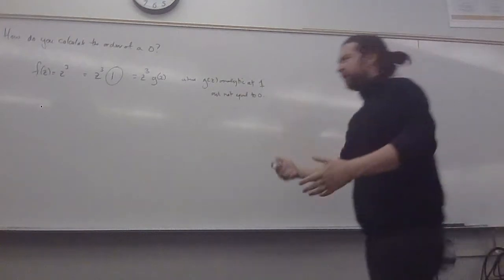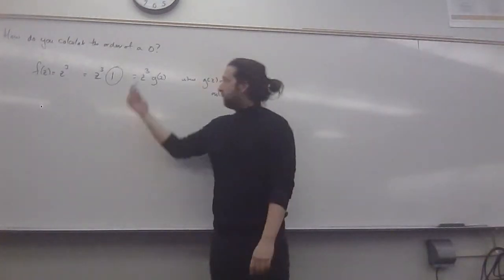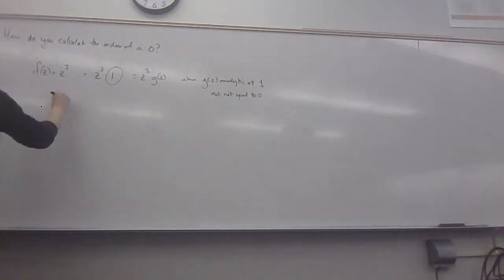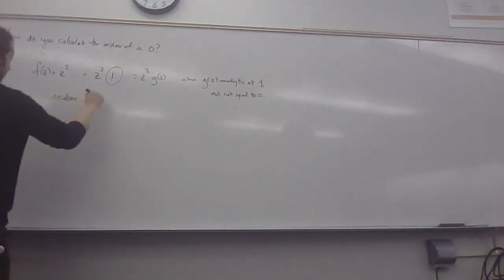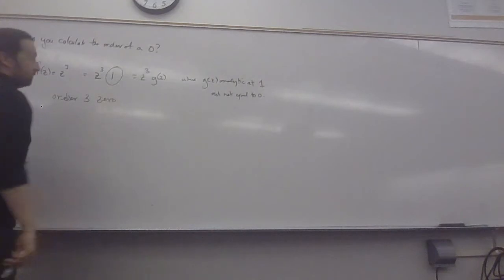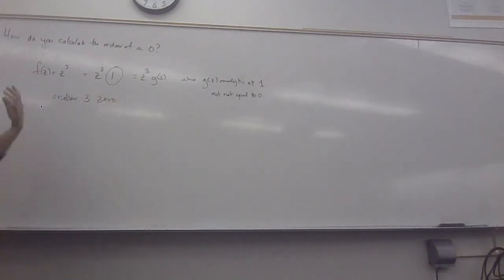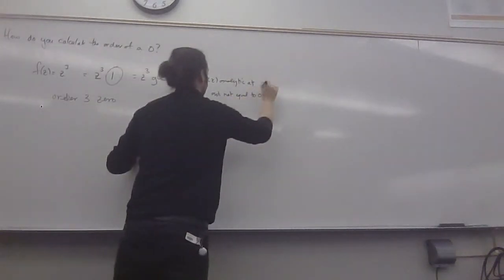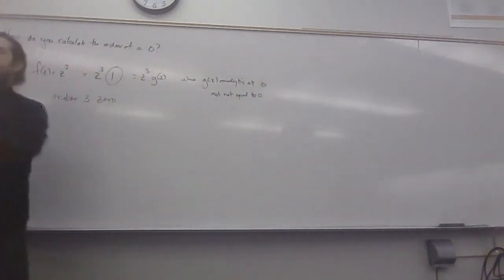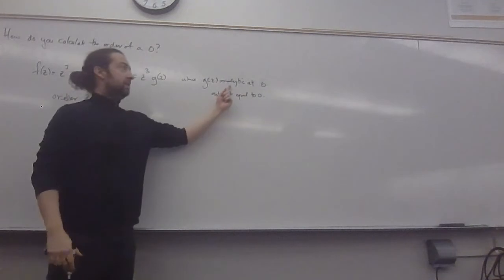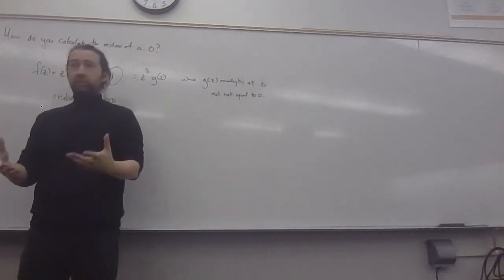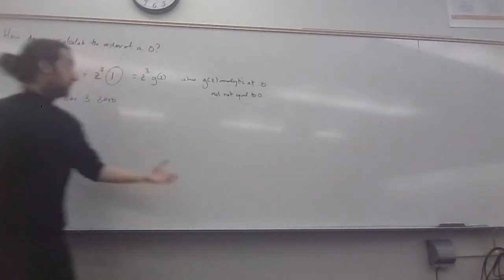Okay, so there's this sort of factor the term out way where you look at the power and you say, oh, it's order 3. So this is an order 3 zero. Why does g of z have to be analytic at 0? Because we're going to use the same thing for when we talk about meromorphic functions. Basically you want this definition to be flexible enough that I can use it on meromorphic functions as well as just functions that are analytic, right?